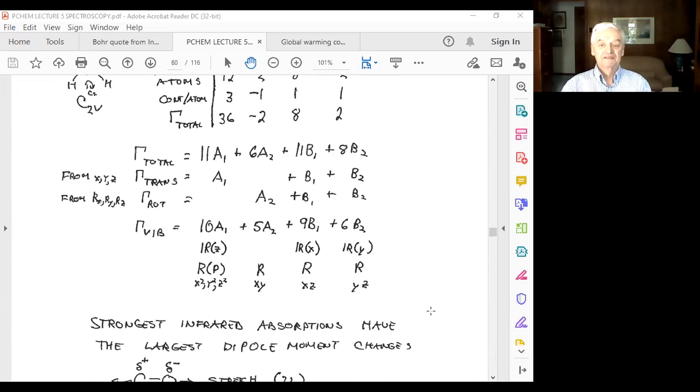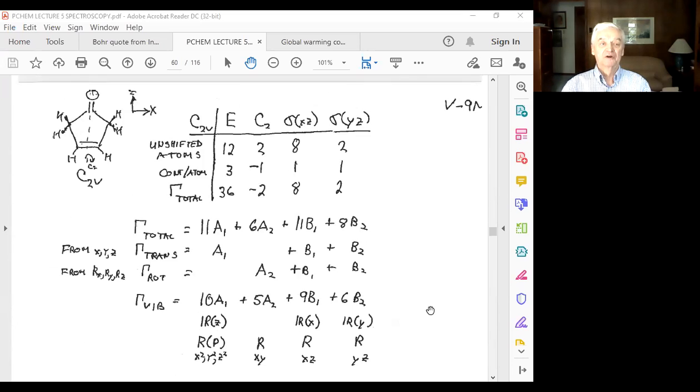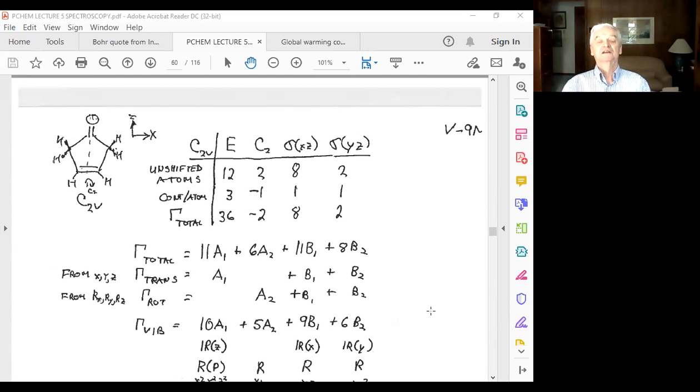Again, I have some symmetry stuff. So we're going to look at this organic molecule here. And I like to show the spectra and discuss this molecule. I think it's already been something like 40 years ago. I was invited to write a chapter in a book comparing infrared and Raman spectroscopy.